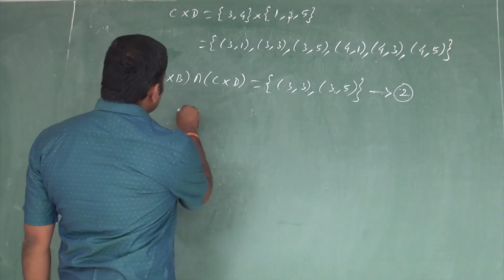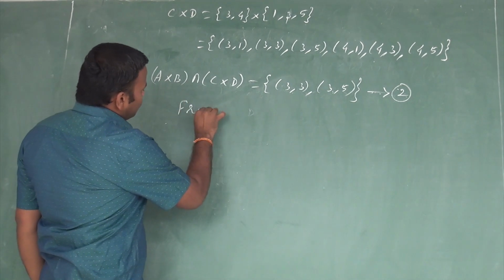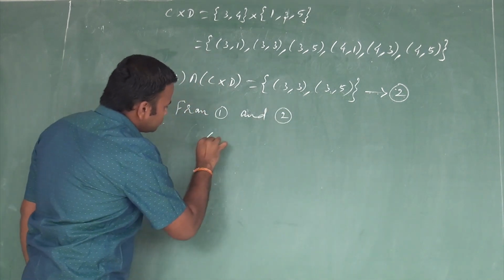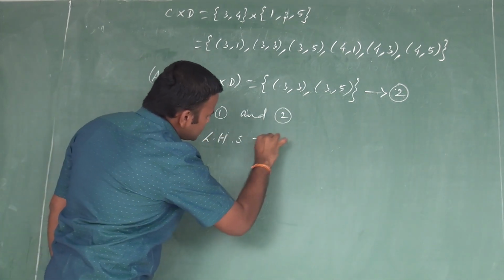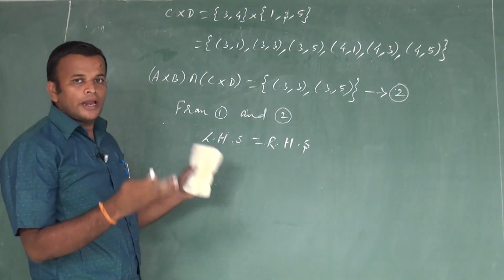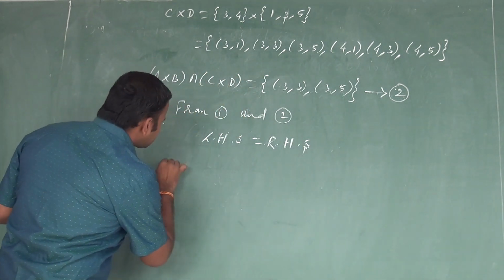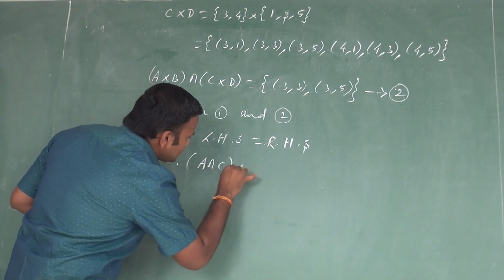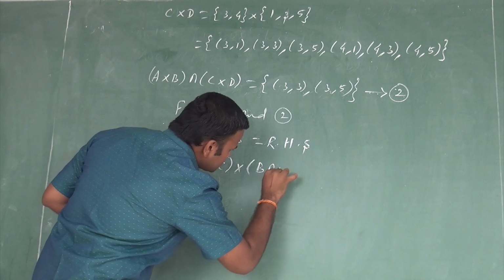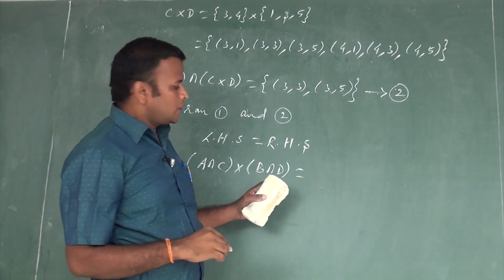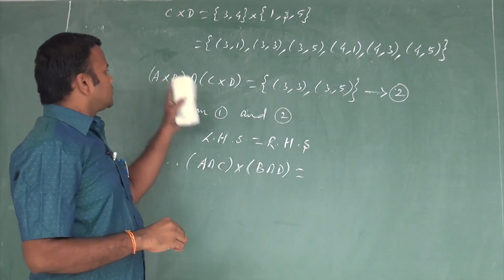So we write the conclusion. From 1 and 2, LHS and RHS both have the same elements. Therefore, (A intersection C) cross (B intersection D), that is the value of LHS, is equal to the RHS.